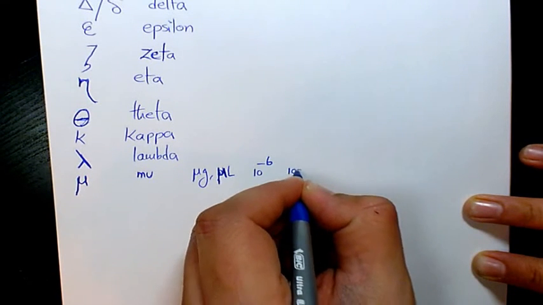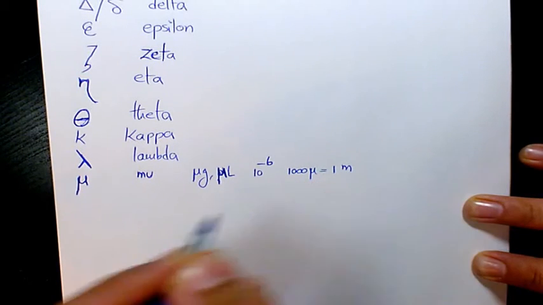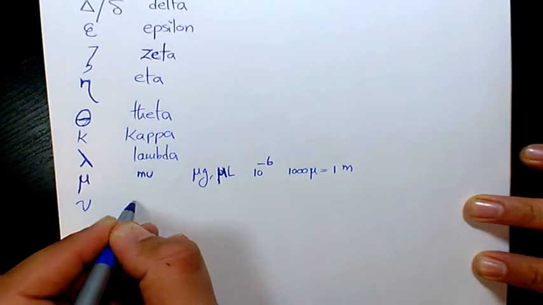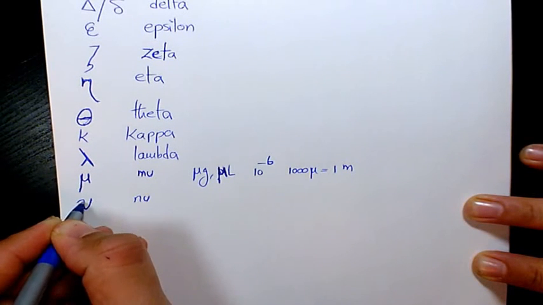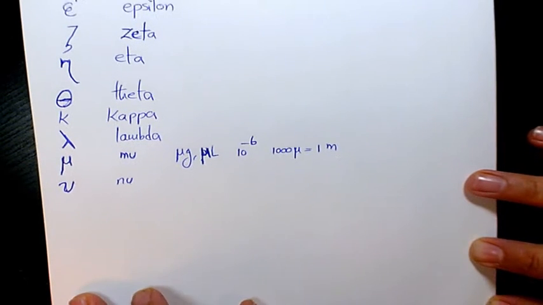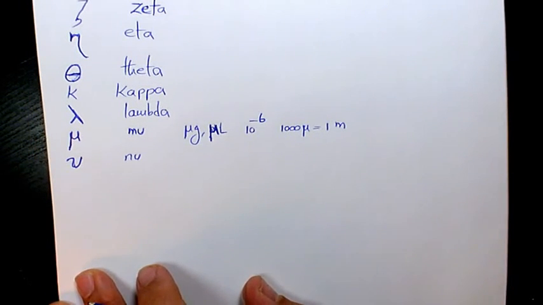And 1000 micro will be 1 milli. Next one is nu. Nu, basically in physics when you're dealing with kinematic viscosity, you are dealing with this symbol.